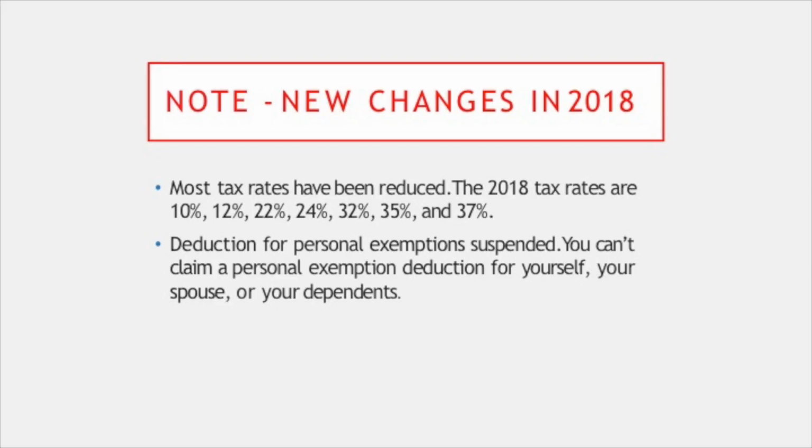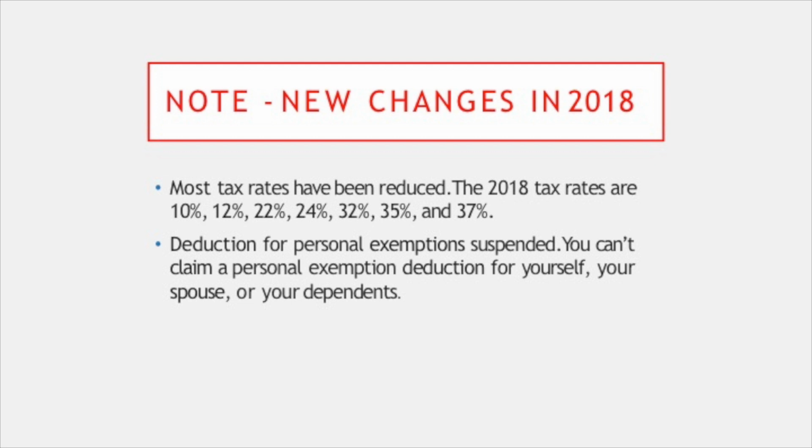Okay, next I just want to make mention of a couple of changes for the year 2018. We did have a Tax Reform Act. Basically, it did not affect too many non-residents, except for two major changes. One, the tax rates actually went down a little bit, so the amount of tax is a little bit lower this year.